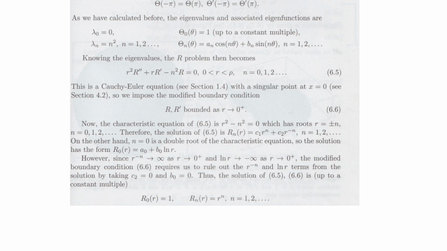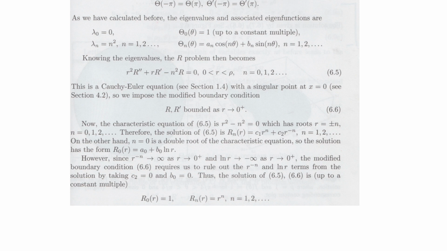And so, in fact, the solutions to 6.5 that satisfy the boundary conditions are given at the bottom of the screen. For lambda equals 0, we have 1 for our solution, and when n starts at 1, it's r to the n. So now we have the two pieces of the puzzle.